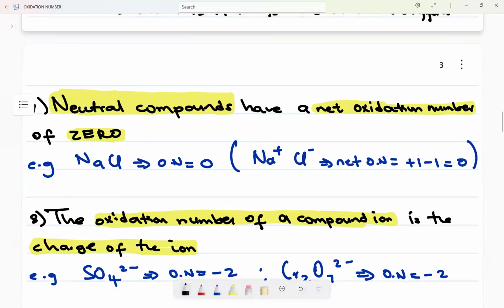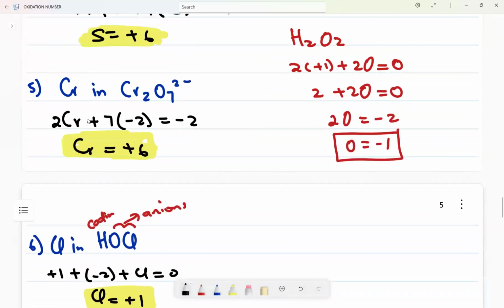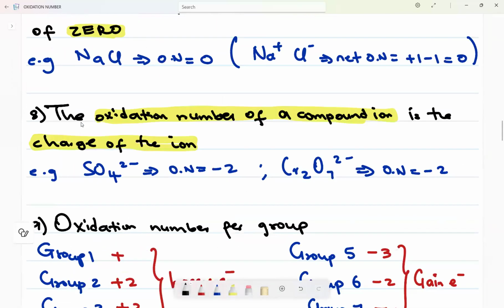So yeah, I just wrote it here, guys. The exceptions, I think you are aware of them. I noted them down and all of that.